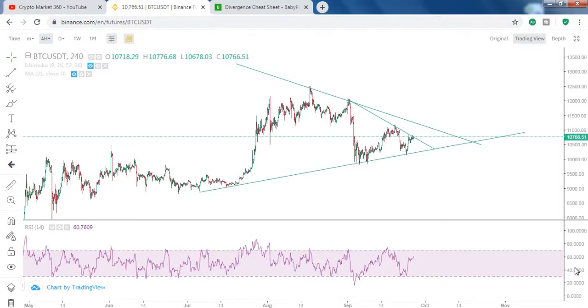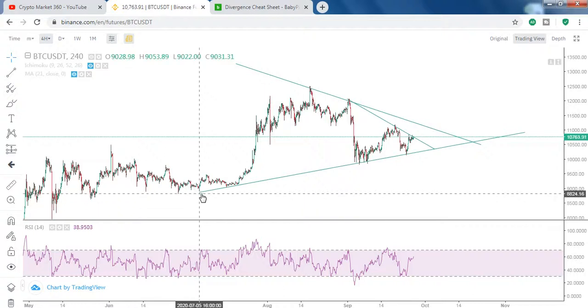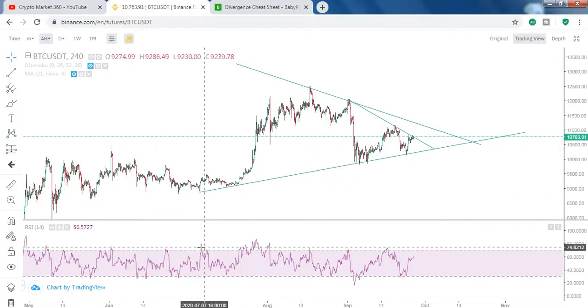But RSI being overbought doesn't mean that you need to close your long position, or open a sell position at that time. If you do, then you will lose money. Here you can see that the price is going up, but the RSI is showing us that it's overbought.